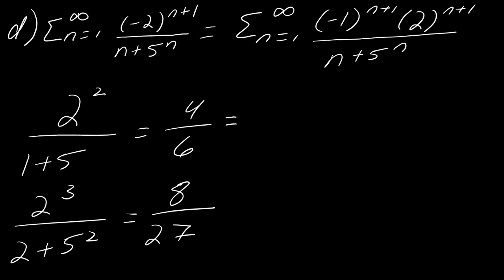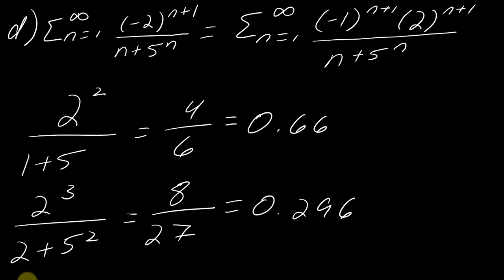So when you look at this now, if you're not sure what the decimal values are, this goes 0.66, and then this is going to be 0.296, and so on and so on. So we can see that this is decreasing. My point is, though, maybe it's not always going to be obvious.